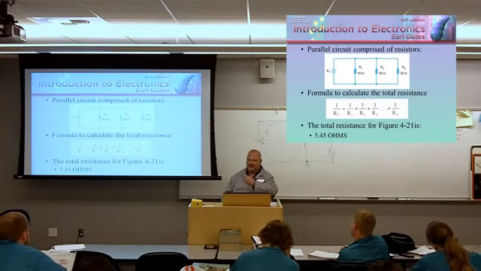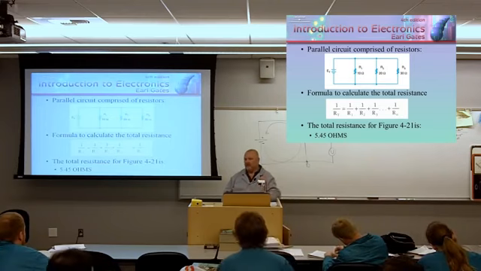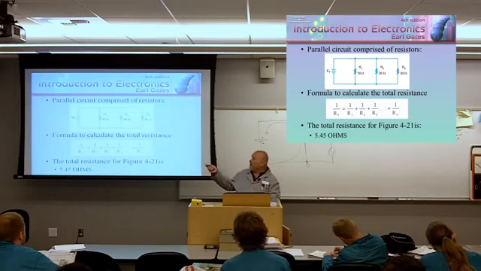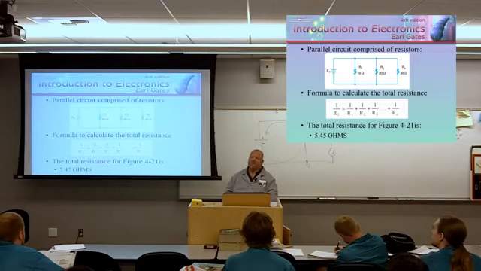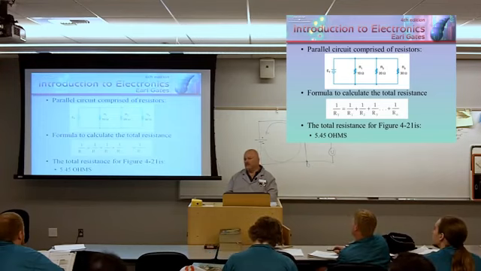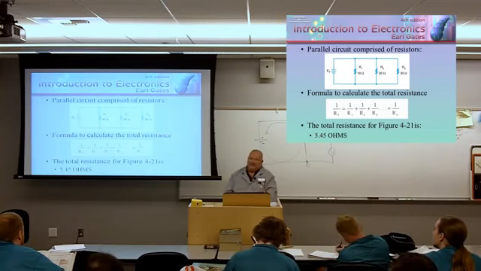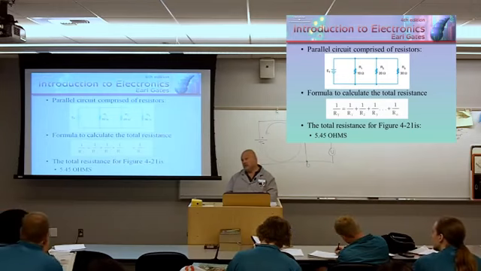The answer to this is going to be 10 ohms. That's a thumb rule. So if I've got four 100 ohm resistors in parallel, 100 ohms divided by 4 equals 25. If I have two 50 ohm resistors in parallel with each other, 50 divided by 2, 25. So that's a thumb rule, only if the values are equal.